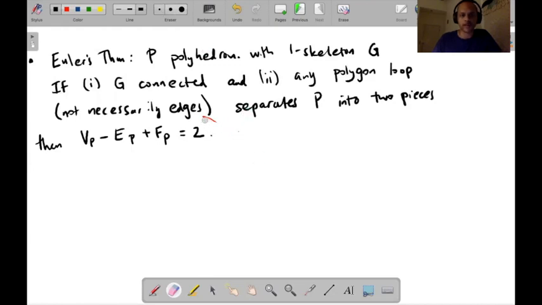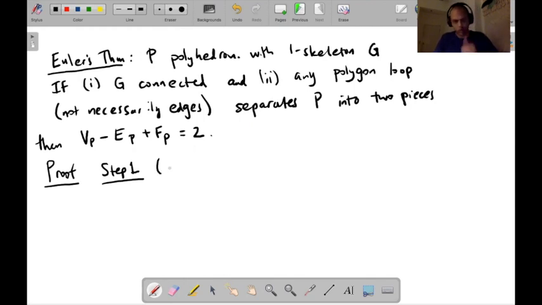The proof is going to have 2 steps. So step 1 is, well, I've called this step the dual graph. And you'll see what that means in a second.